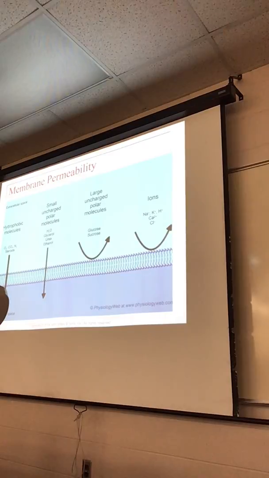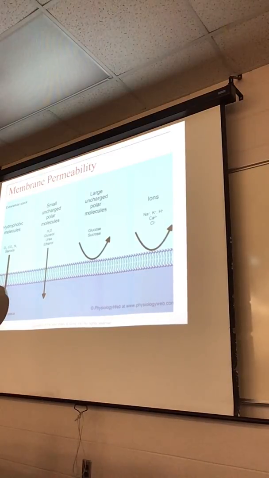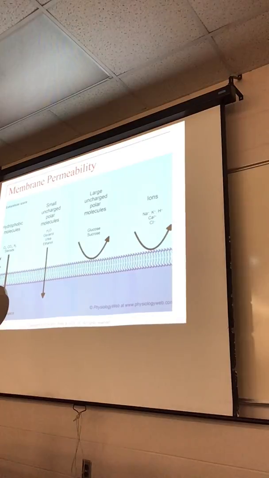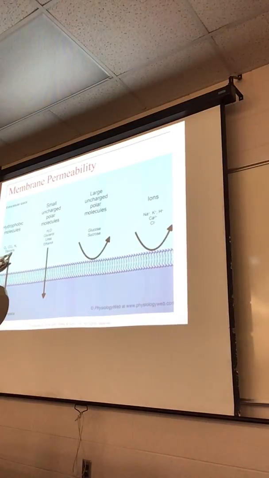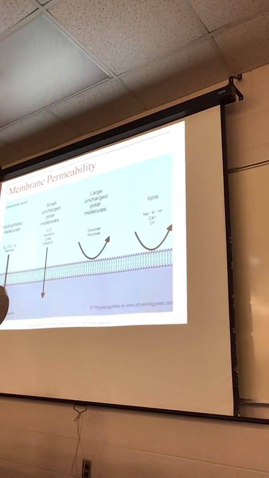So the things that pass through that membrane the easiest are small nonpolar molecules, or in other words, small hydrophobic molecules. Now here we have some examples: oxygen, CO2, nitrogen, and little steroid hormones. They have those four rings.